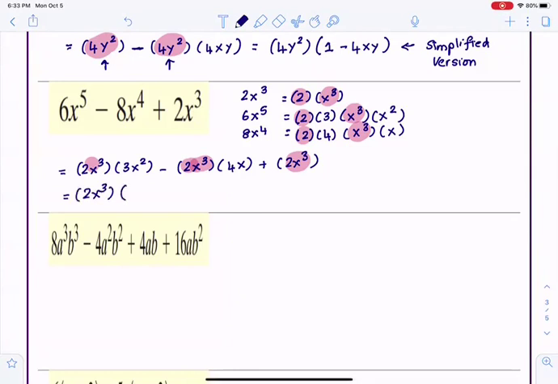If I take out 2x cubed from the first term, I will have 3x squared. If I take out 2x cubed from the second term, I'll have negative 4x. And if I take out 2x cubed from the last term, I'll have 1, because every number has 1 as a factor.